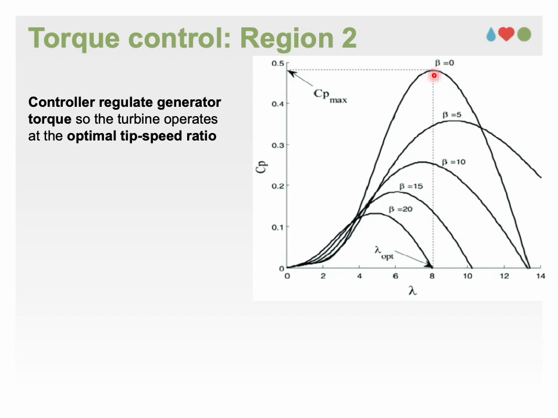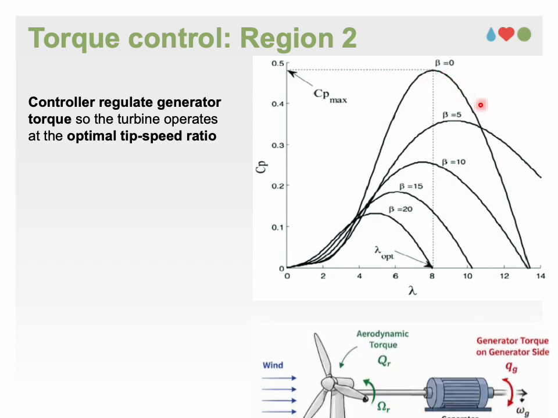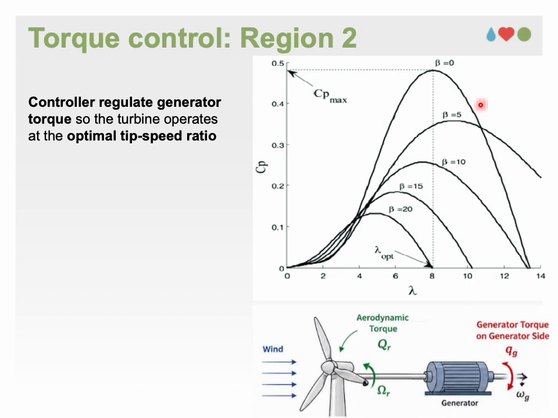Beyond this point, Cp decreases, and I should say that these curves are estimated using the blade element method.